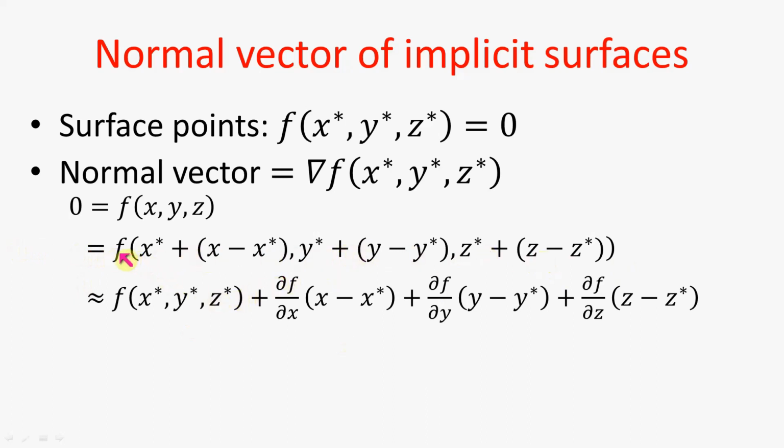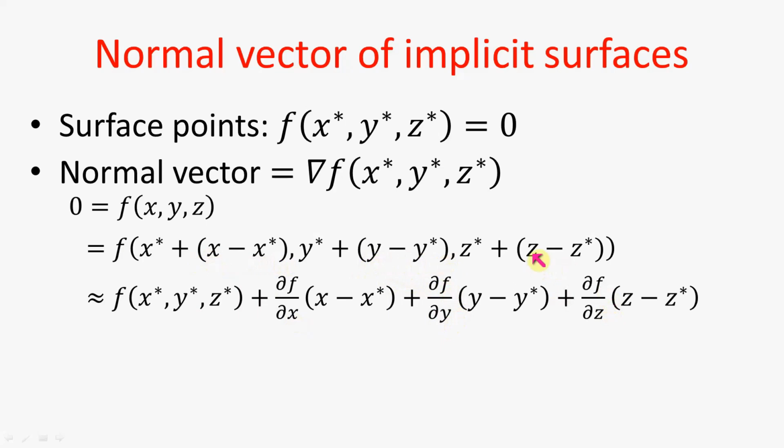We have to evaluate the function at the point of Cartesian coordinates x star, y star, z star, which is here, then the first derivative of f with respect to x, which is multiplied by the offset in x. The first derivative with respect to y is multiplied by the offset in y.